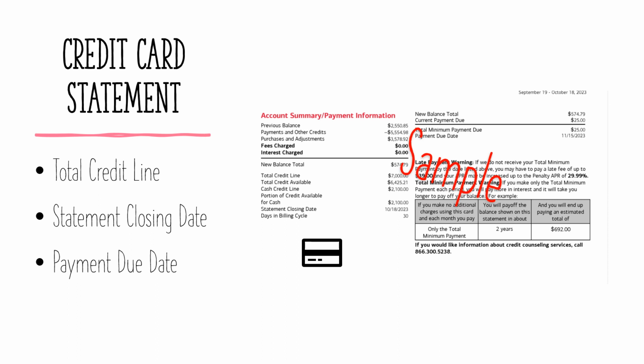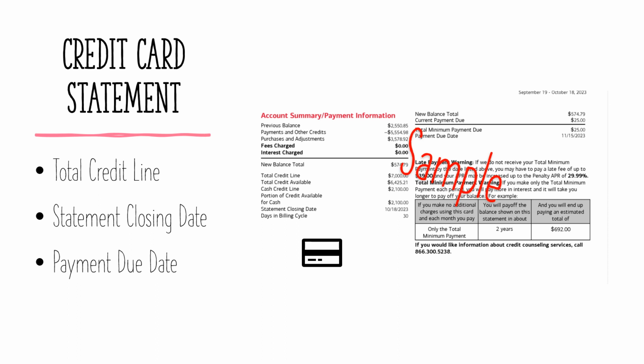to that credit line. In this sample, we are using the days in the billing cycle from September 19th through October 18th, 2023. So the previous balance was $2,550.85.